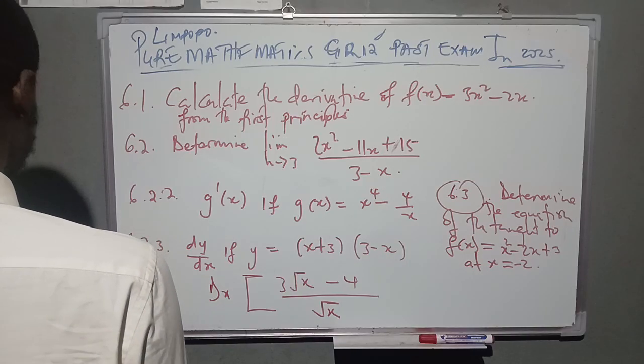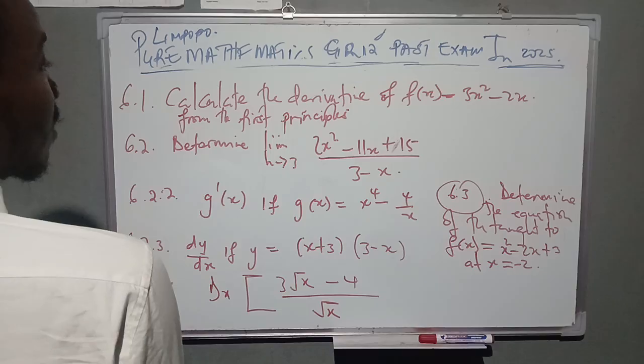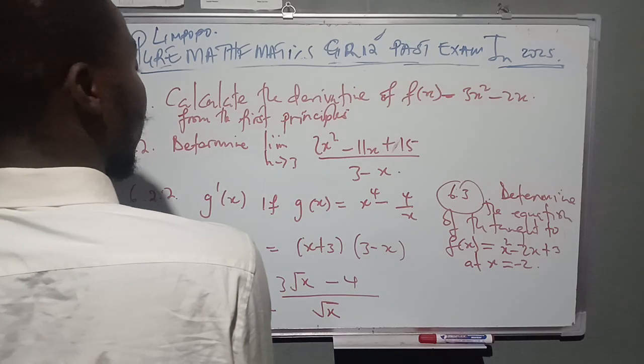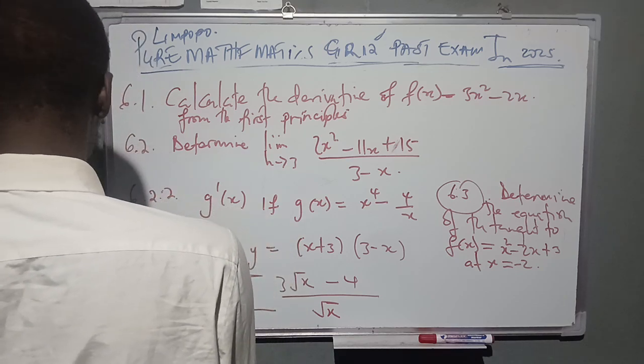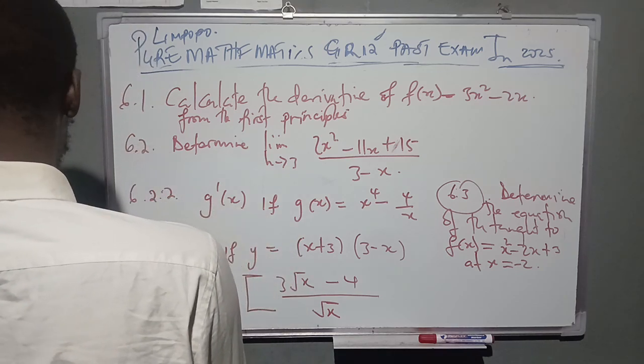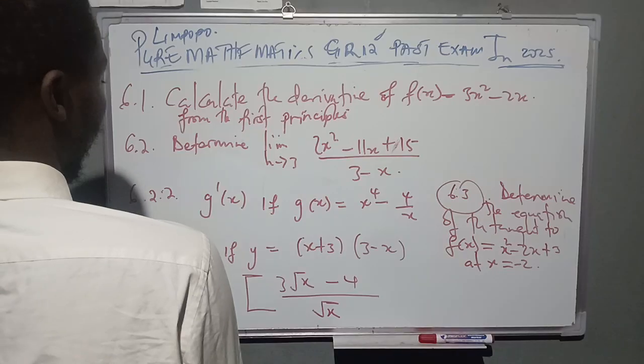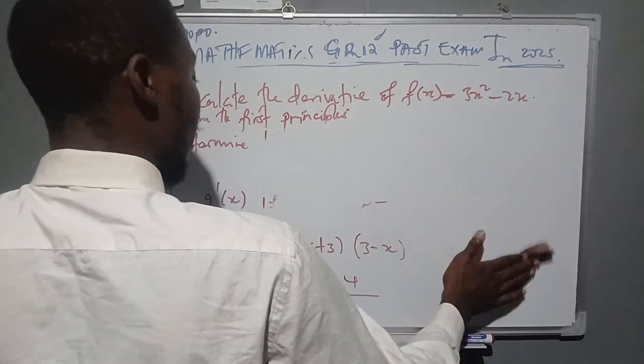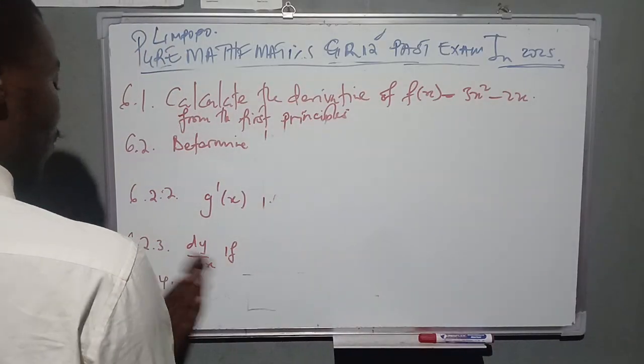Right? So let's start with 6.1, where we calculate the derivative of f of x equals 3x squared minus 2x from the first principles of derivatives. So the first principle of derivative, what does it say?